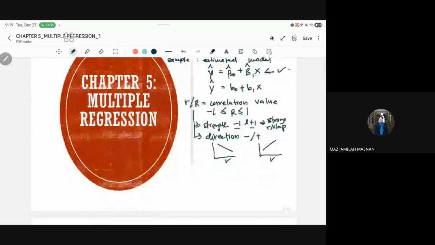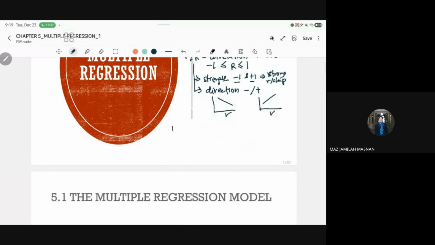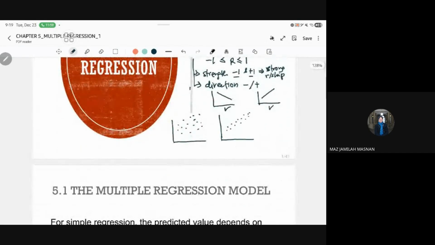Okay, if I can draw somewhere over here. Let's say I have a scatter plot, for example, this one, and a scatter plot compared to this one. Now, which of these plots, A or B?